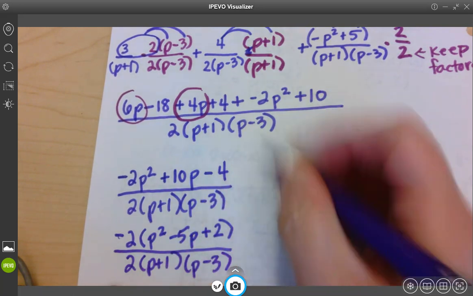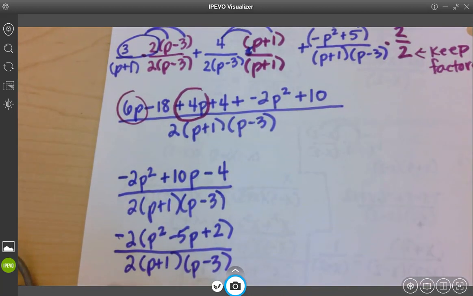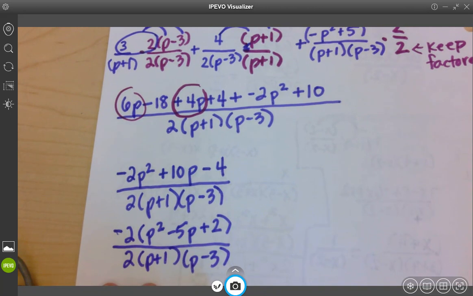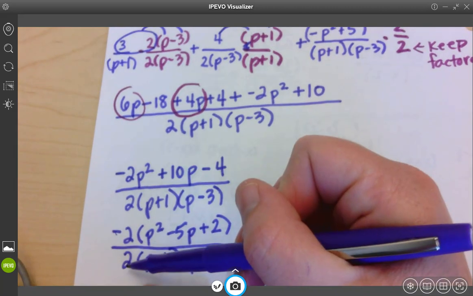So I would be looking for numbers that multiply to 2 and add to negative 5. Do those numbers exist? Multiply to 2 and add to negative 5? Morgan is sure they don't. Yeah, they don't. So this is already factored, but I do see something here that can cancel.